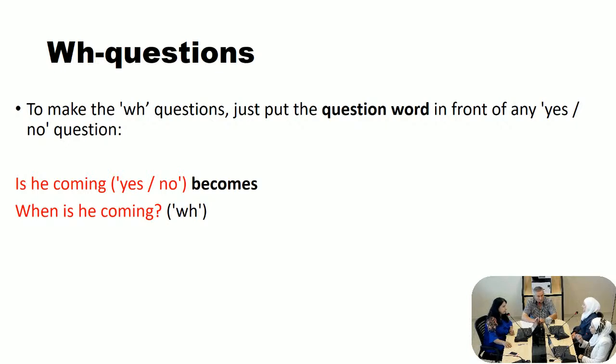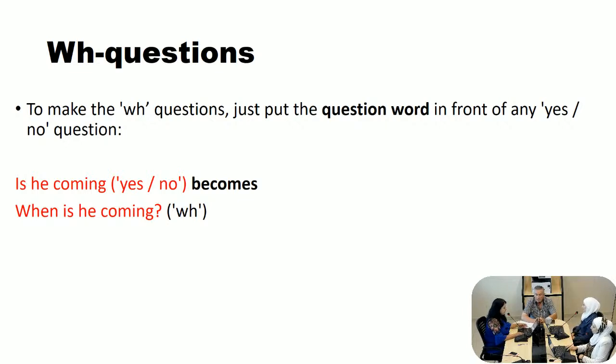You have to put them in this order all the time. For example, the yes/no question: is he coming? When we change it to a WH question, we say: when is he coming? So we start with the WH word, the auxiliary, subject, and the main verb.